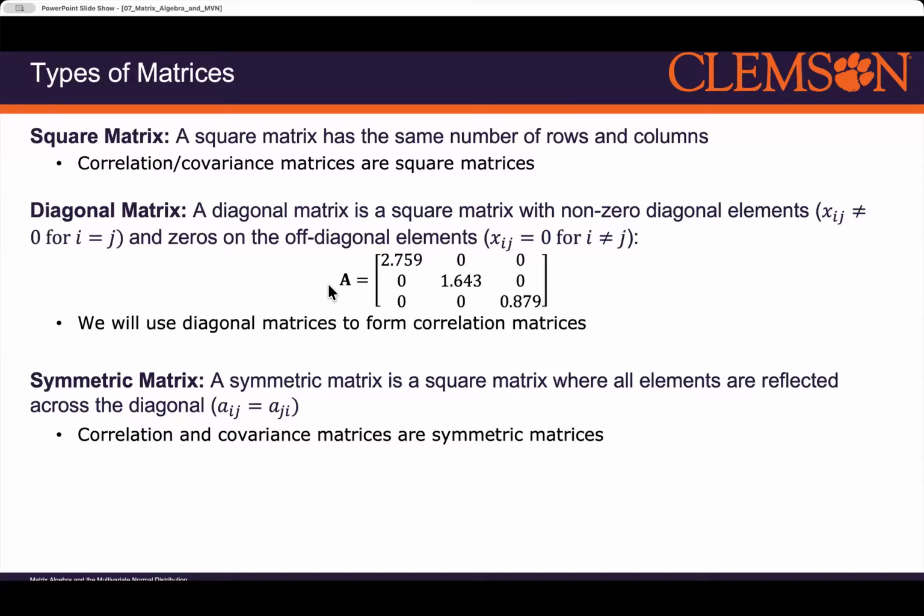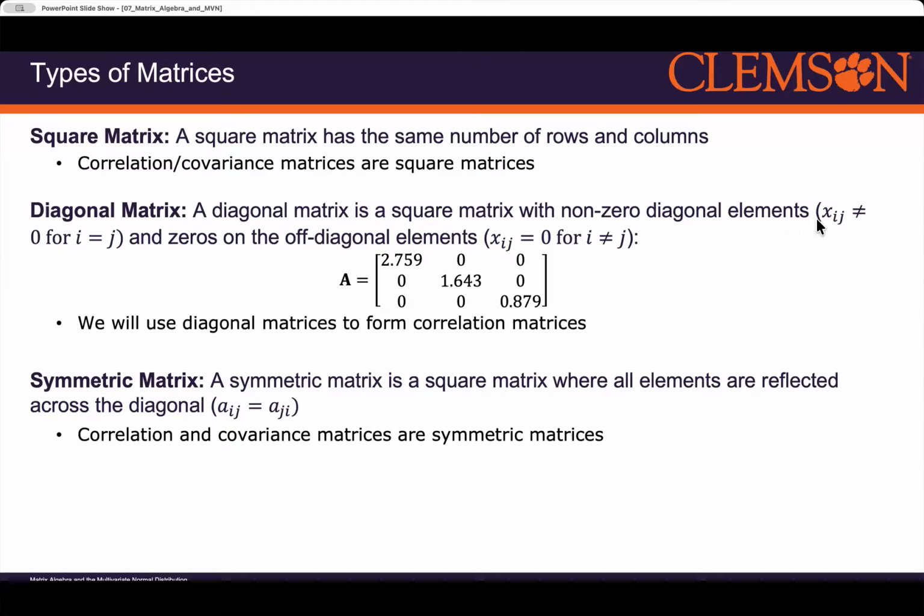Now, a diagonal matrix is a square matrix, so again, equal numbers of rows and equal numbers of columns. But the diagonal matrix is one where there are only numbers down the diagonal, the middle of the square matrix, and all elements off the diagonal are equal to 0.